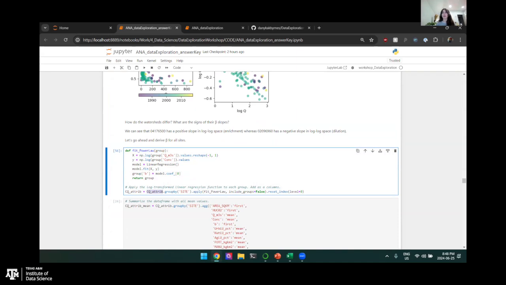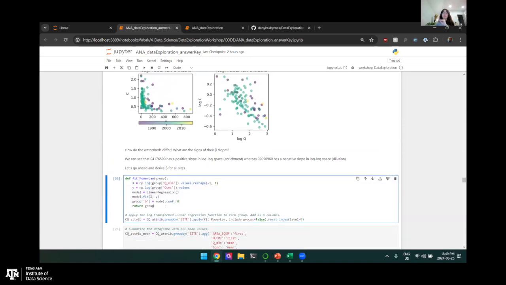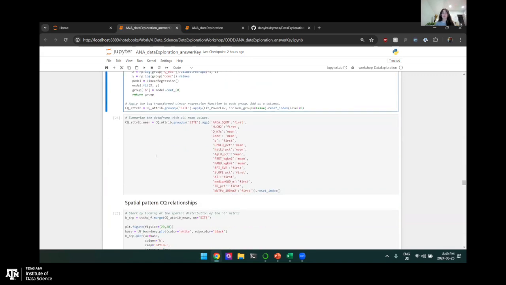We're saying group by, so take all the site data. For every site, we have multiple CQ measurements. I want you to take those for every site, run it through the power law function that I just ran, and then spit out what that B slope is.